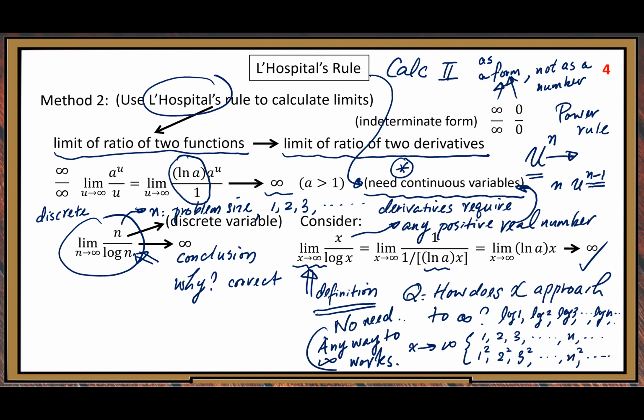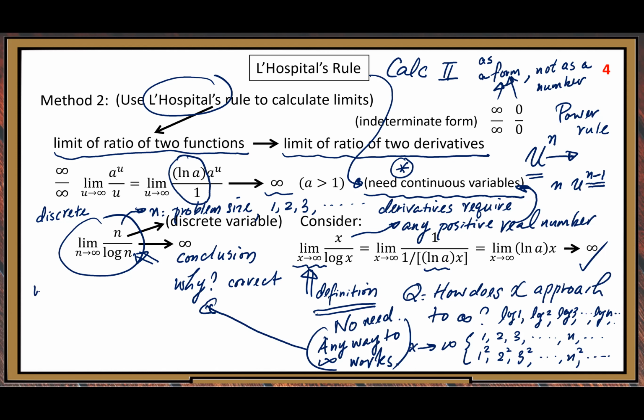That's important. From the definition of the limit, no matter which way you take for x to approach infinity, the answer is correct. Here we just use that because any way works. Let's take the discrete way.